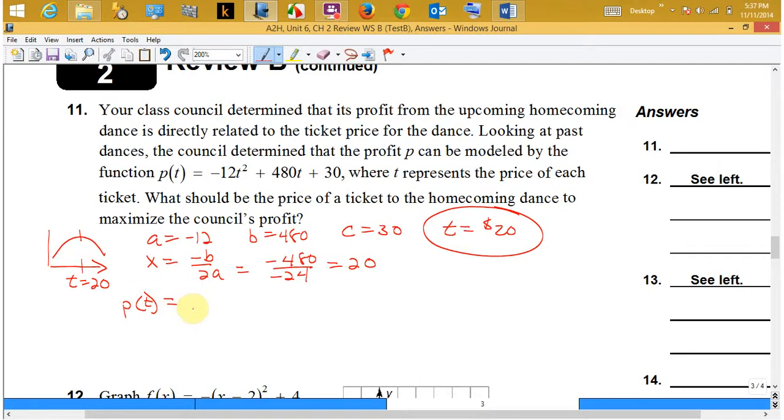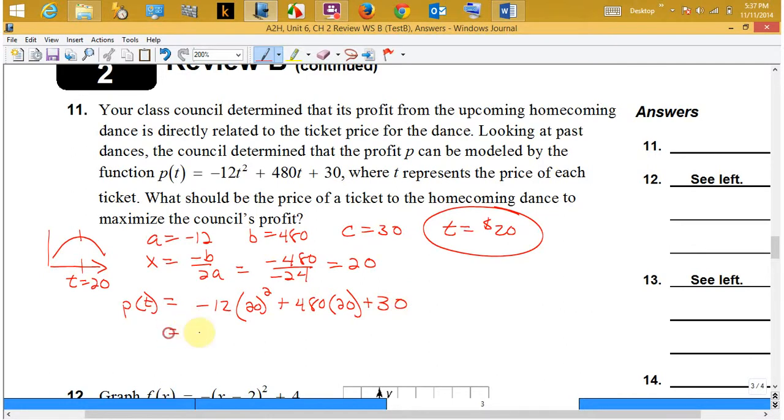So the profit is going to be equal to negative 12 times 20 squared plus 480 times 20 plus 30.